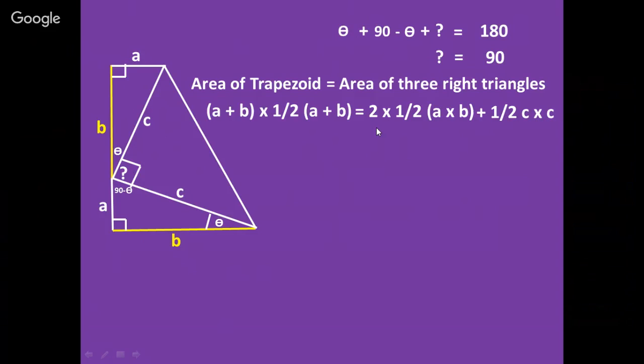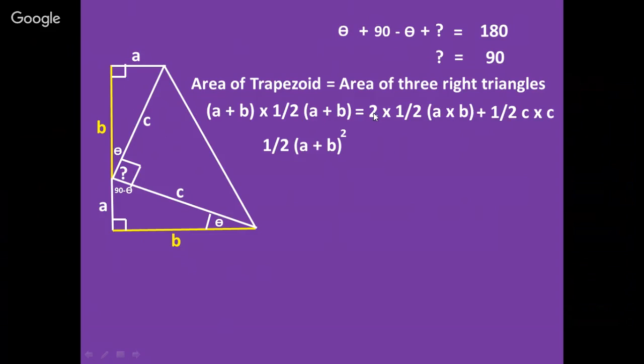Now we can solve this equation easily. We have a plus b into half a plus b. So this a plus b and this a plus b will make a plus b whole squared. So we can write half a plus b whole squared.